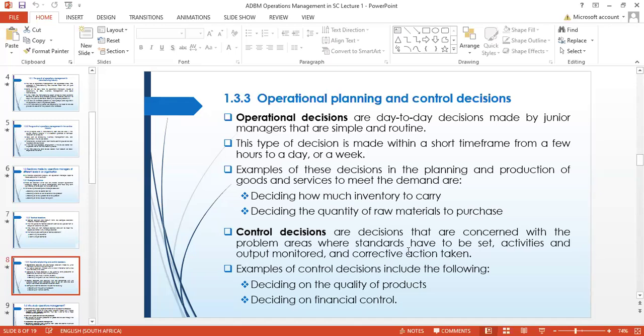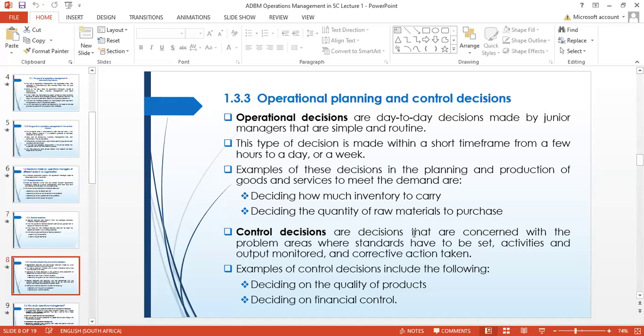And the other part here, we have the control decisions. The control decisions are concerned with the problem areas where standards have to be set, activities and output monitored, and where the managers have to take corrective action, right?